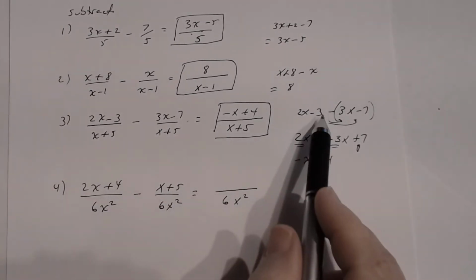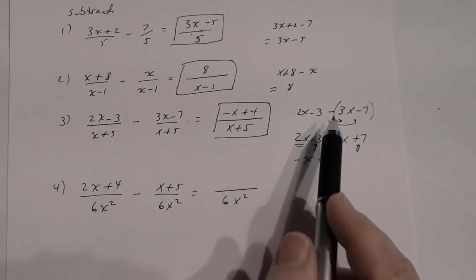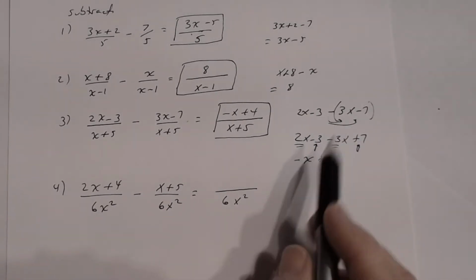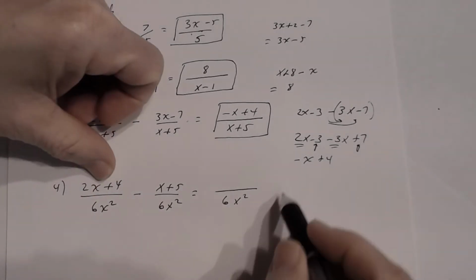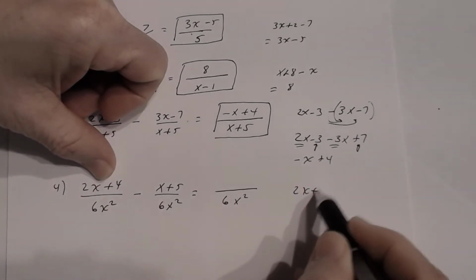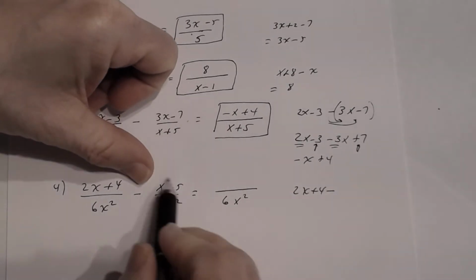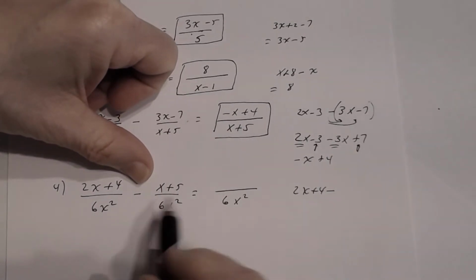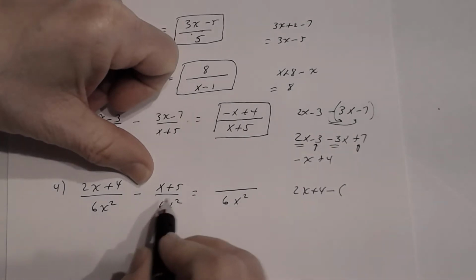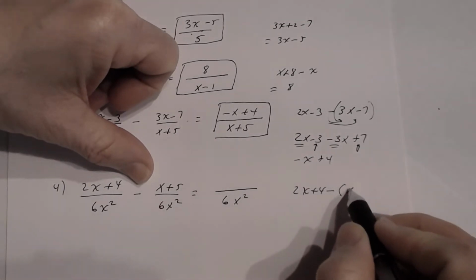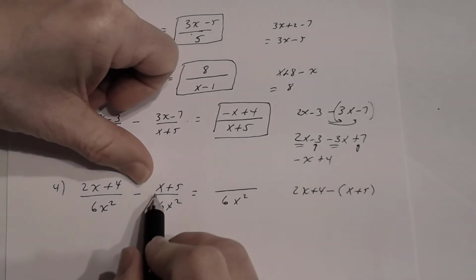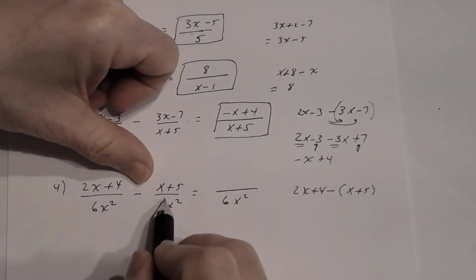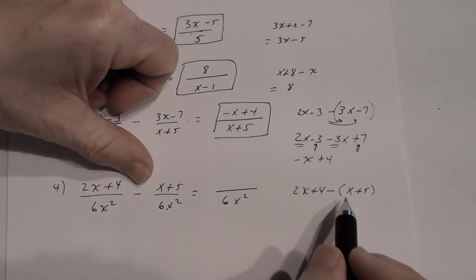The numerator, I'm going to do it just like I did this. That becomes very important that you put that in parentheses, because you are saying 2x plus 4 subtract this numerator. So you're subtracting all of the terms in the numerator. So you're subtracting x plus 5. You're not just subtracting x, you are subtracting x plus 5. So notice the parentheses.